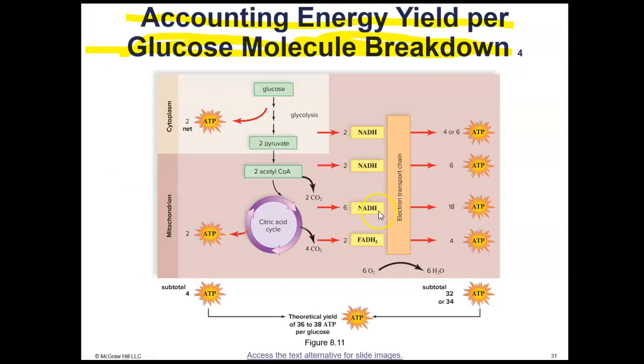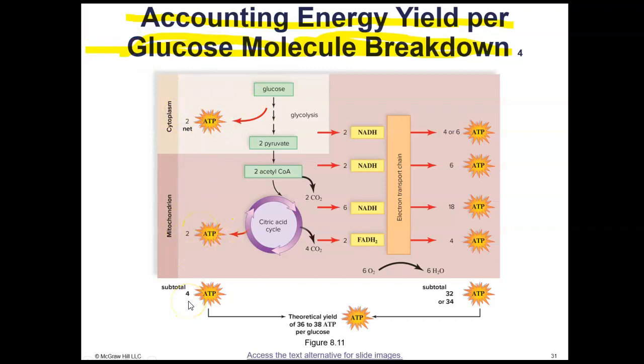So this is a diagram that shows all of the processes that occur during cellular respiration, and it gives you an idea of where the ATP is made and also how it's made. So we've got 2 ATPs produced directly from glycolysis, 2 ATPs produced directly from the citric acid cycle.